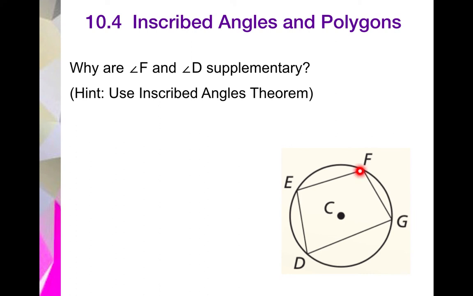Let's just take a look at F and D. D is an inscribed angle and it intercepts EG, the arc EG. If I look at the angle F, inscribed angle, it intercepts E to G this way. And if I add both of those together, I would get 360 degrees. So these two angles are going to be exactly half of that when I add them together. Therefore, they are supplementary.